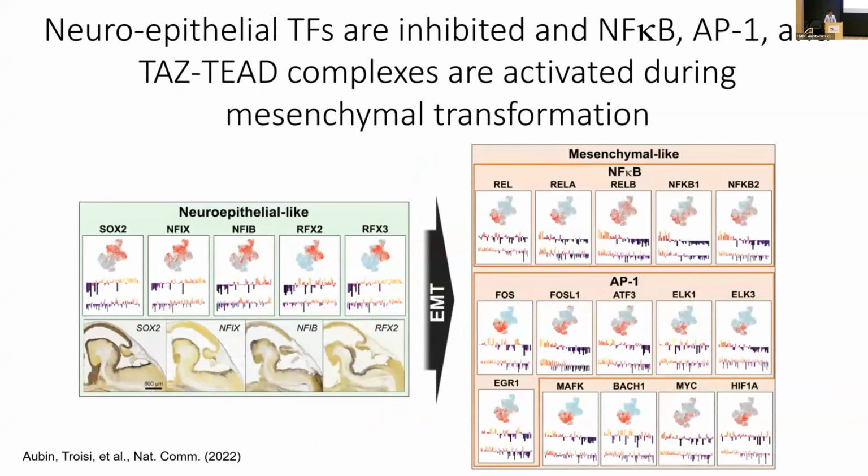And we found that the neuroepithelial tumor cells, not surprisingly, were expressing a set of transcription factors that are usually expressed during normal development in the hindbrain and the isthmic organizer, where these tumors arise, and in particular in the neuroepithelium of these regions. And these transcription factors were switched off during the mesenchymal transformation, and instead a set of mesenchymal transcription factors and inflammatory transcription factors like the NF-kappa B complex, AP1, MYC, STAT, were turned on during the transition.